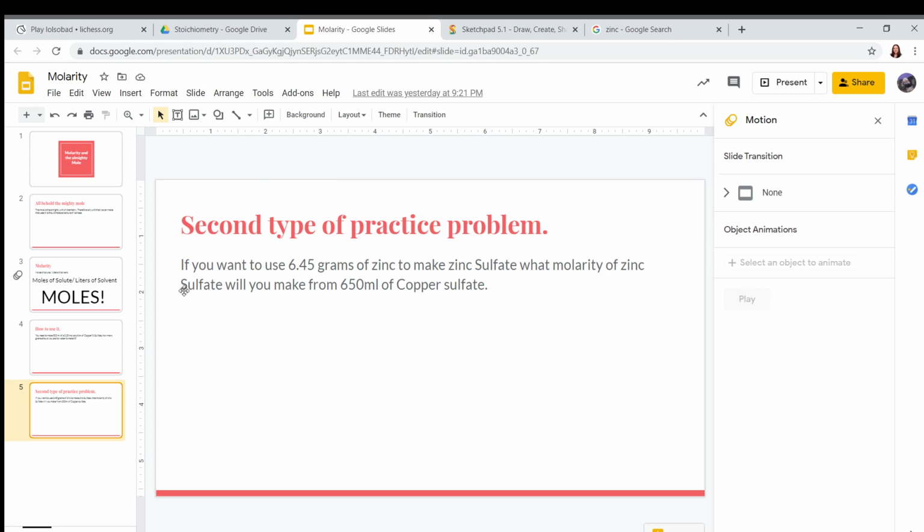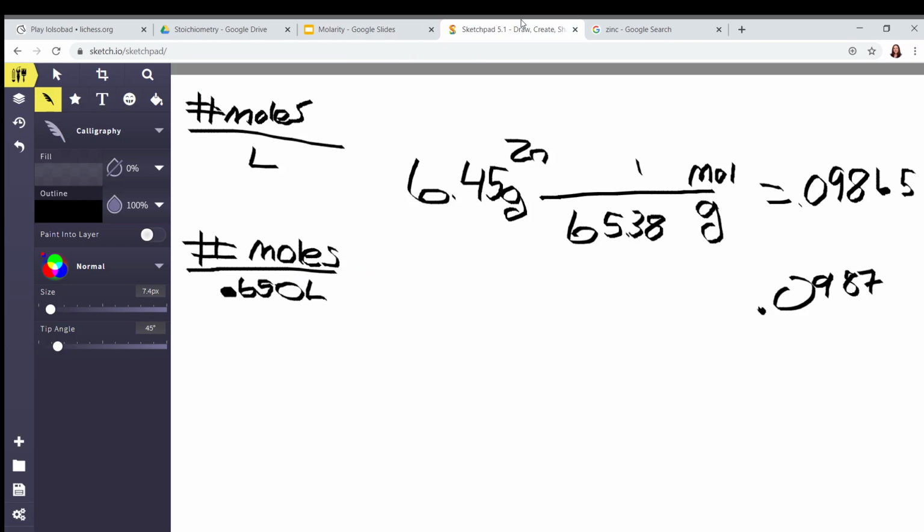We need to go ahead and from here put this number into our number of moles, because this is how many moles we have. So 0.0987, 0.650 L, and we have to just finish this out, okay? 0.0987 divided by 0.650.